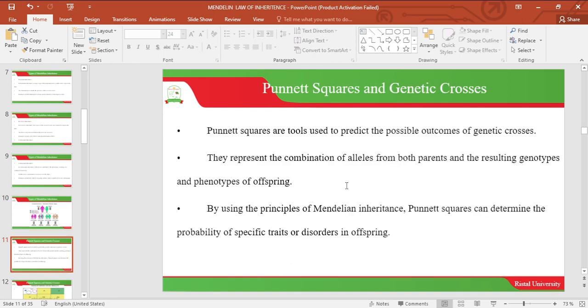Let's look at Punnett squares and genetic crosses. Punnett squares are tools used to predict the possible outcomes of genetic crosses. They represent the combination of alleles from both parents and the resulting genotypes and phenotypes of offspring. By using Mendelian principles, Punnett squares can determine the probability of specific traits or disorders in offspring.